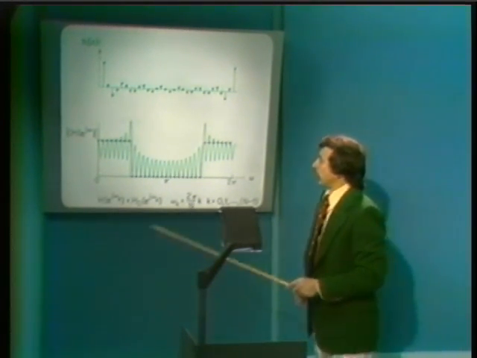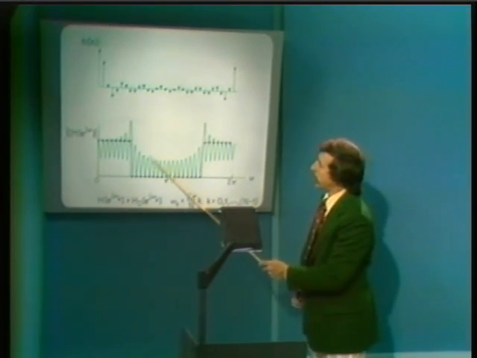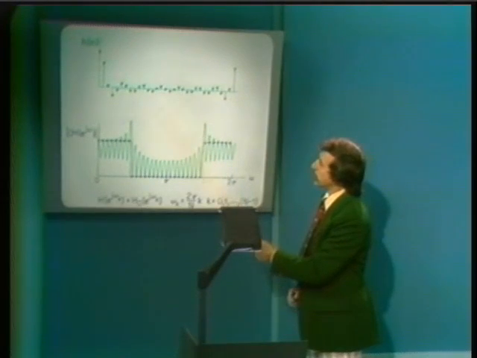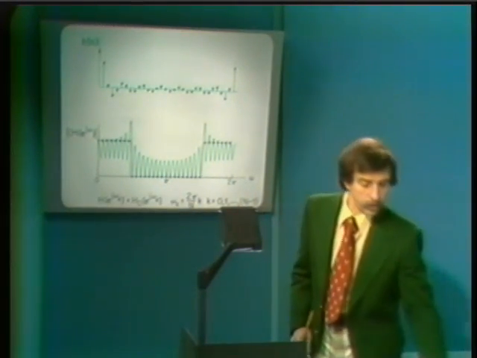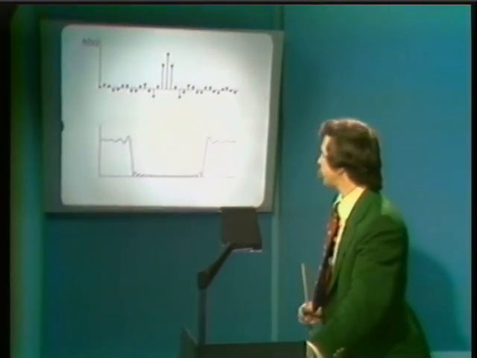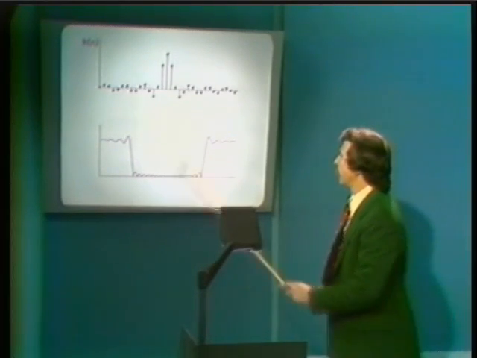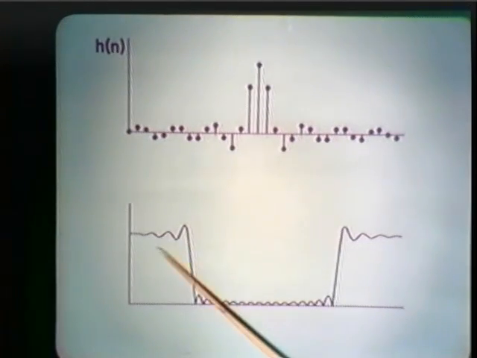All right, well, this, of course, is not a unit sample response that we would be particularly anxious to use. Clearly, the behavior in the pass band and stop band is very severe, and in fact, too severe. So we could at least consider as somewhat reasonable the unit sample response and frequency response that we had previously, which is relatively well behaved. That is, it ripples somewhat in the pass band and in the stop band.